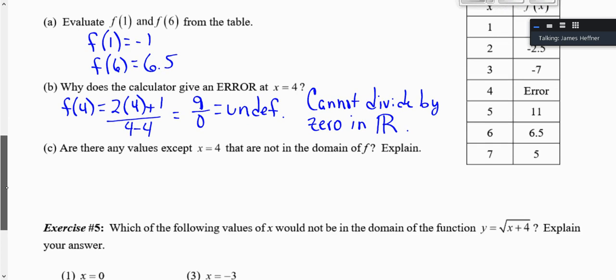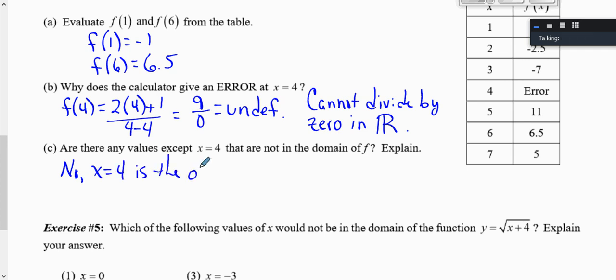Now part C. Are there any values except x equals 4 that are not in the domain? In other words, are there any other x values that would cause a problem in that function? No. x equals 4 is the only input that would make the denominator what? 0.